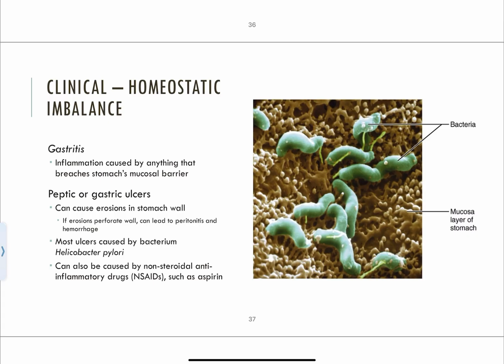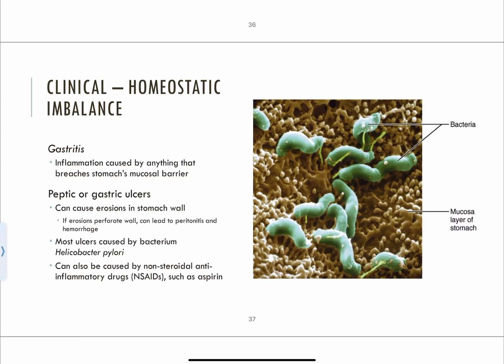Just to bring in some clinical aspect to this chapter, gastritis, what is that? We're talking about inflammation, caused by anything that breaches the stomach mucosal barrier. We also have peptic or gastric ulcers, and anytime you have ulcers, that's basically some sort of erosion in the stomach wall. Most ulcers, they found out fairly recently, I'd say within the last 20 years, are actually caused by a bacteria.